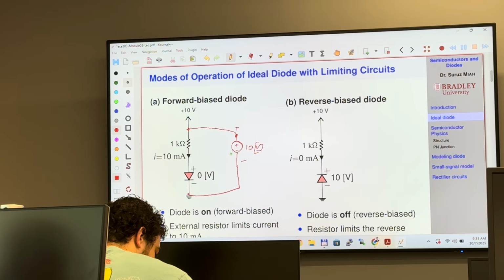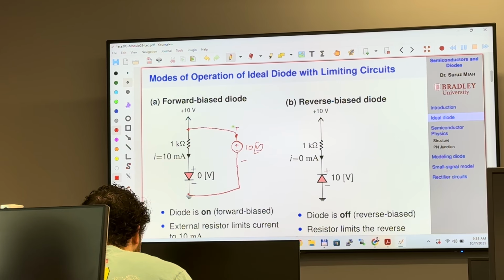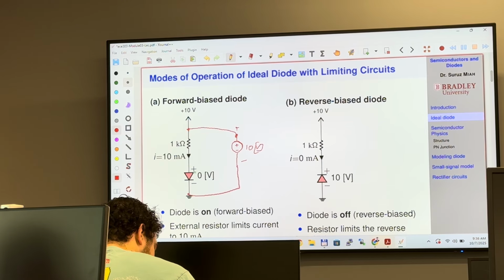Now, because the positive terminal is applied to the resistance, and this resistance is connected to the anode, and the negative terminal is right here, you will see this voltage is going to be positive.